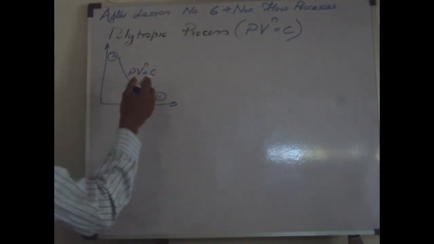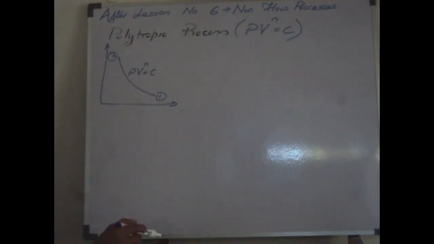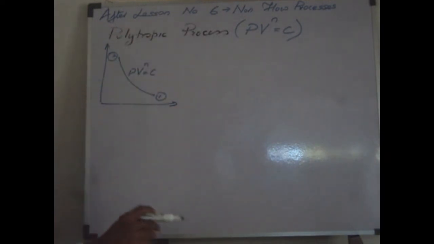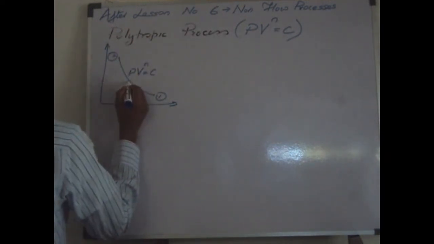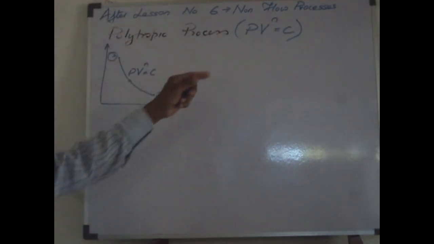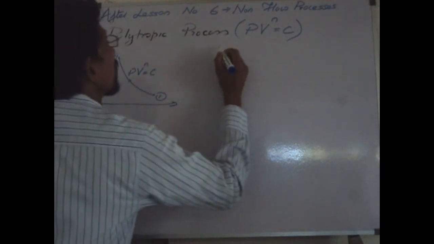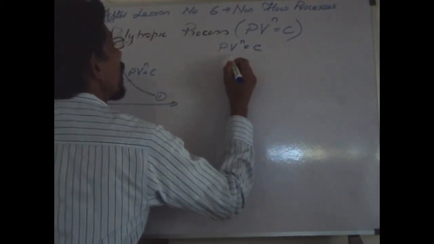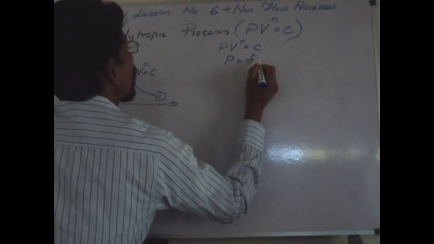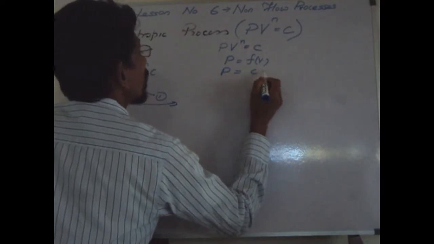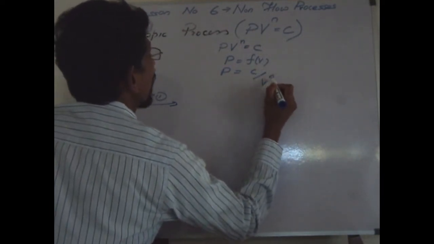Now PV equals C is a rectangular hyperbola, but this is also a curve like this, PV to the power n, from 1 to 2. According to this relationship, PV to the power n equals constant, you can have P as a function of V. P is equal to C over V to the power n.